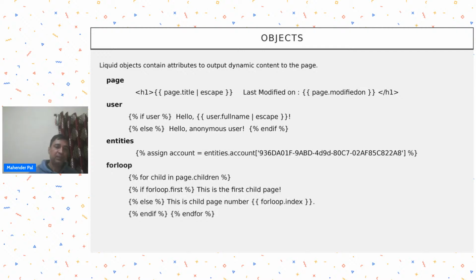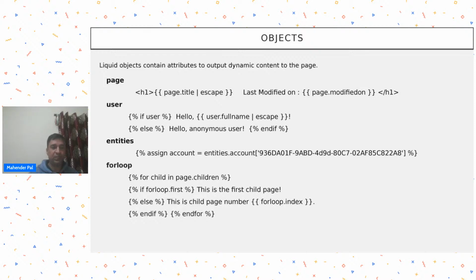This user object can also be used for, let's say, a typical example: when someone lands on your Power Pages home page, we want to check if this user is authenticated. If authenticated, we will keep them on the home page.